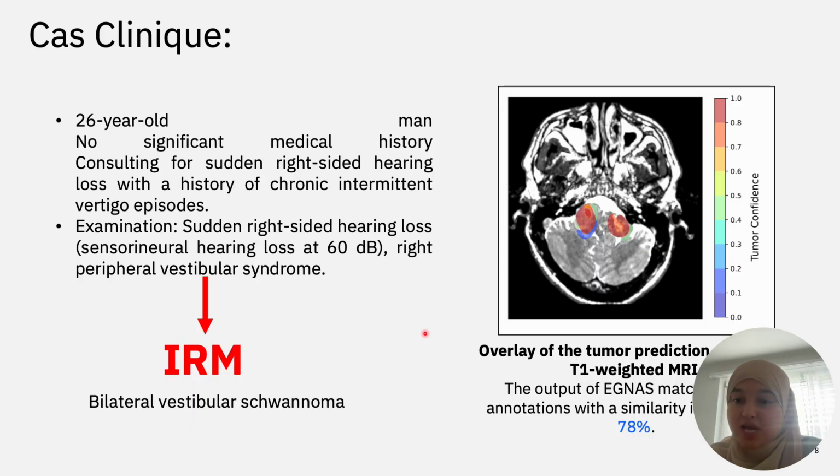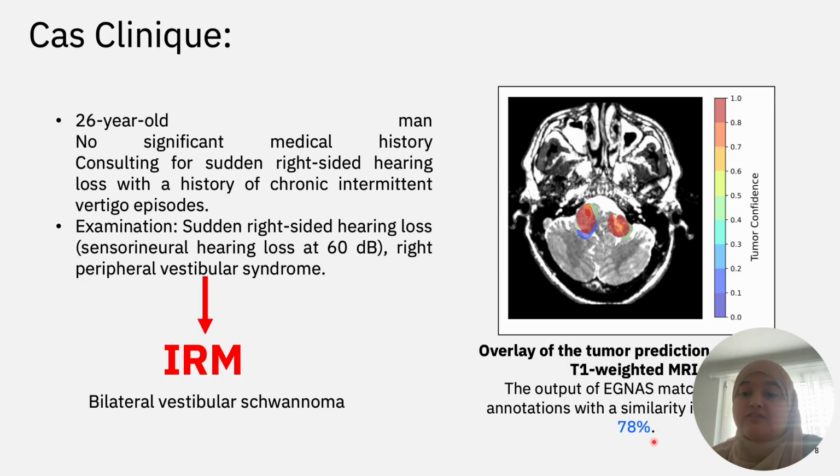Because we have a collaboration with an Algerian ENT doctor, we took our multitask model and tested it in a concrete scenario, which is tumor detection from an MRI image. You can see here the tumor confidence that is given by our multitask network.